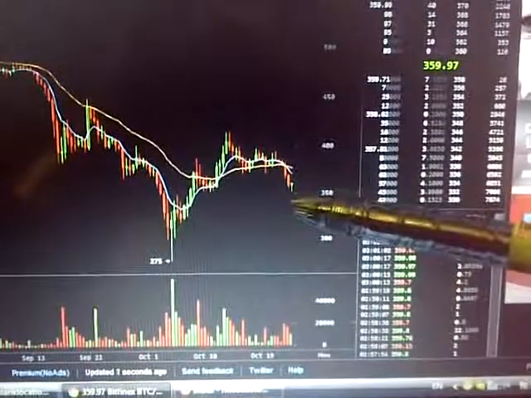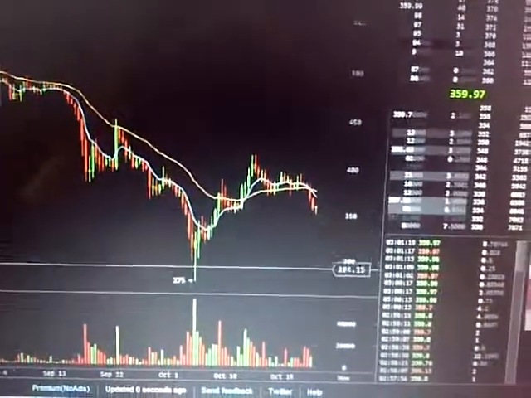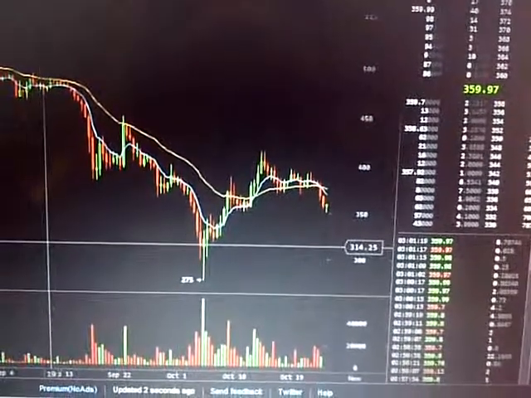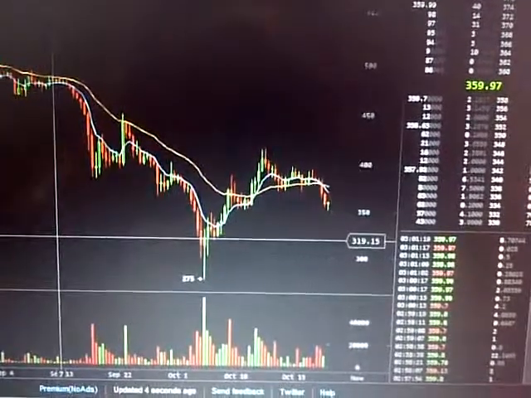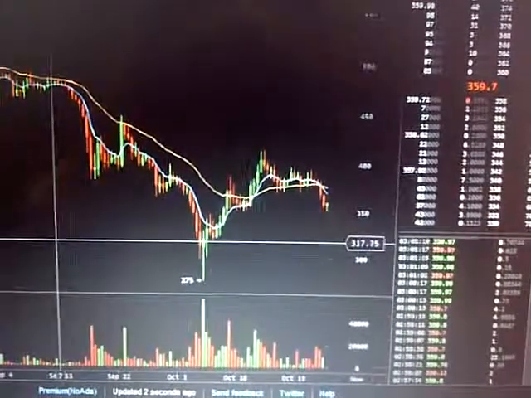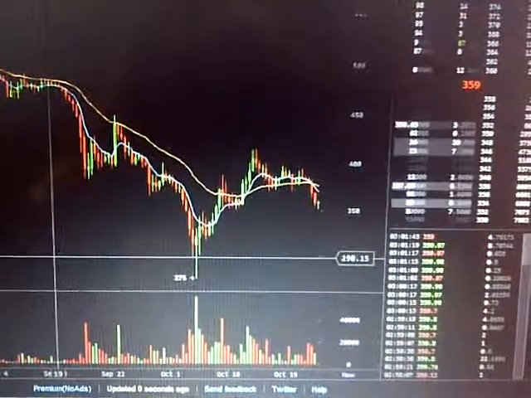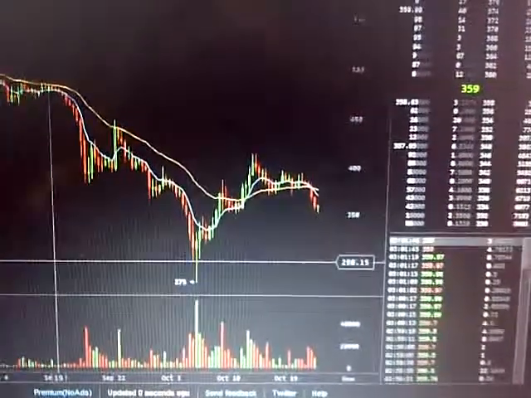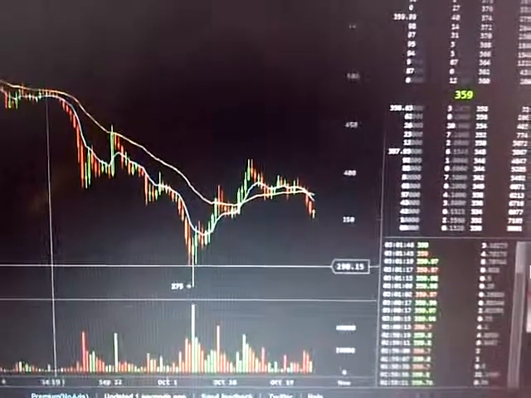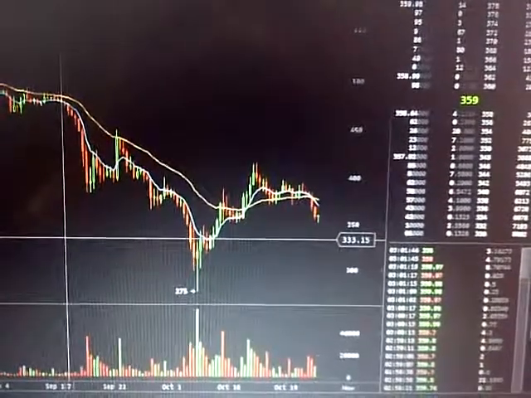If it breaks down after that, this would be the next price range to position yourself around, right around here, around 390, 315, somewhere around here. That might be another area, or even at 300. You can go back down to 300 and see if you can pick up some good deals there. So that's if it continues to break down below 350.